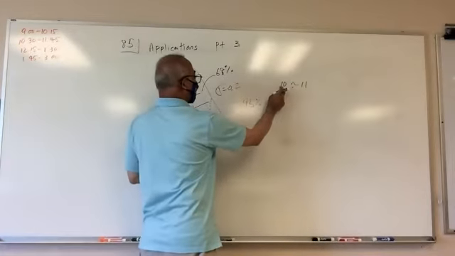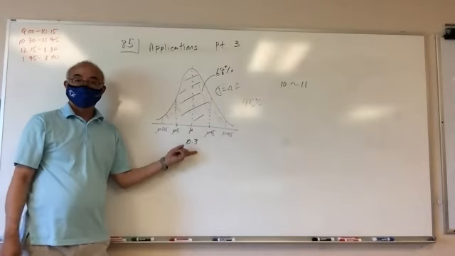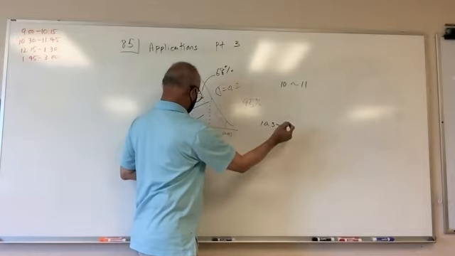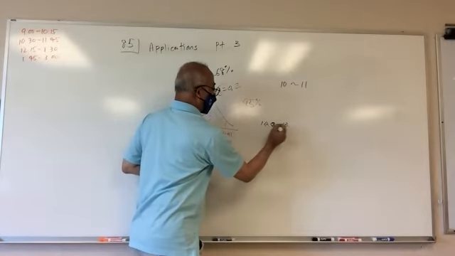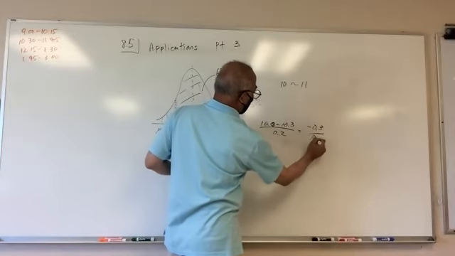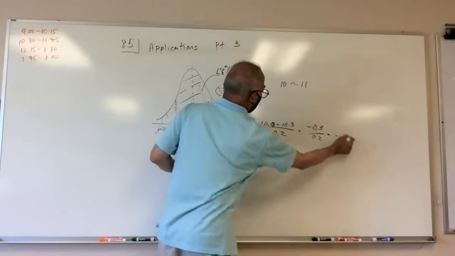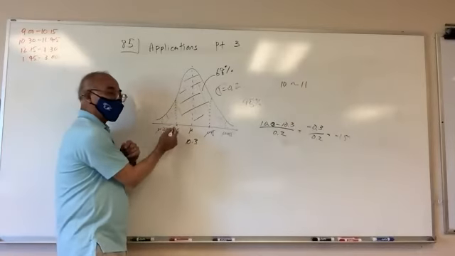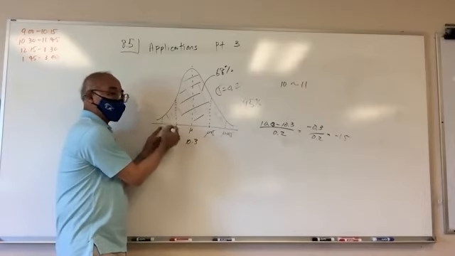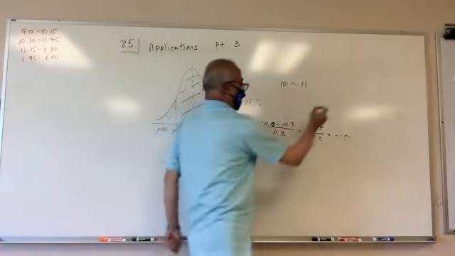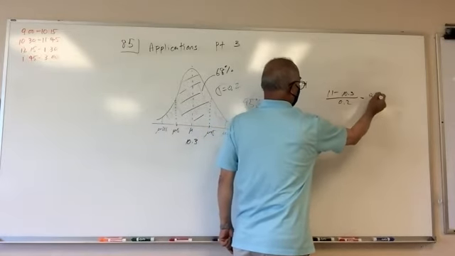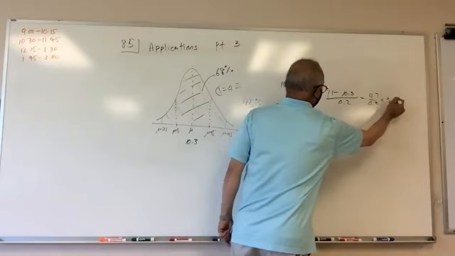How many sigmas is 10 away from here? 10 minus 10.3 over 0.2, negative 0.3 over 0.2, negative 1.5, right? So I'm negative 1.5 sigmas away on this side. On that side, how far am I away? 11 minus 10.3 over 0.2, 0.7 over 0.2, 3.5.